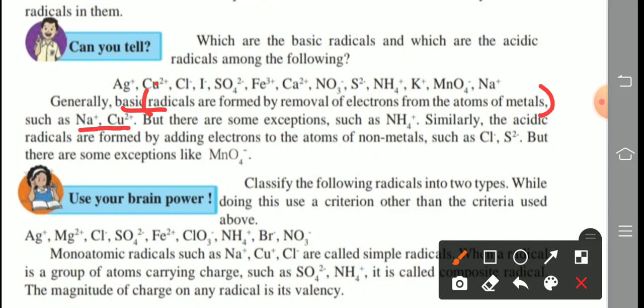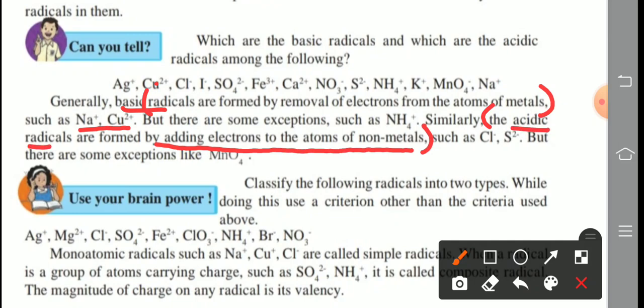Similarly, next question, define acidic radical. The radicals marked from here. The radicals formed by adding electrons to the atom of non-metals are called, simply called what? Acidic radicals.